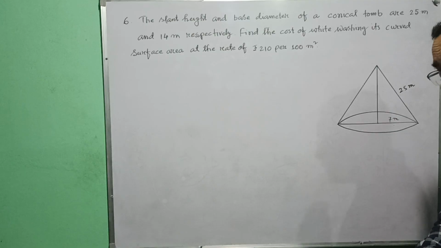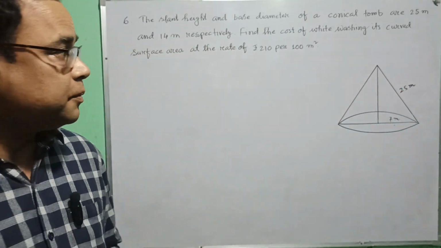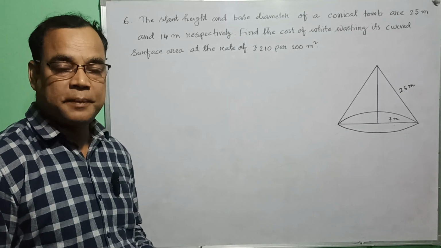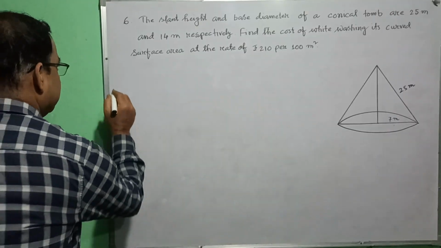So curved surface area, in the formula we know that the curved surface area of a cone is pi r L. So let us start.